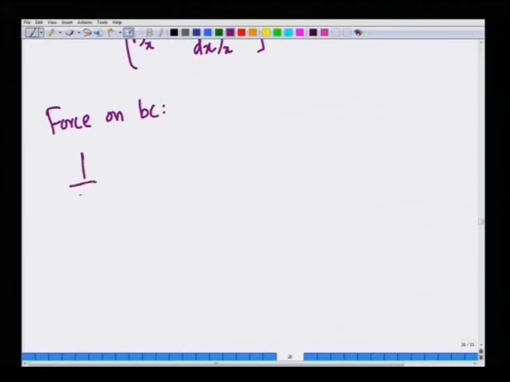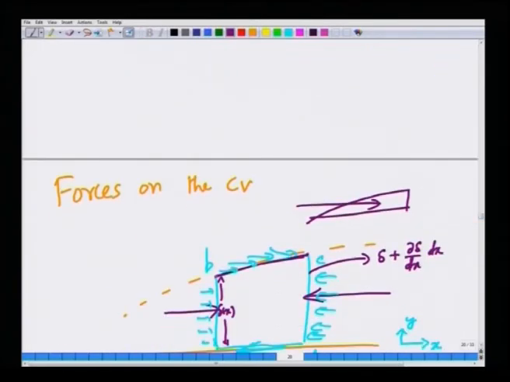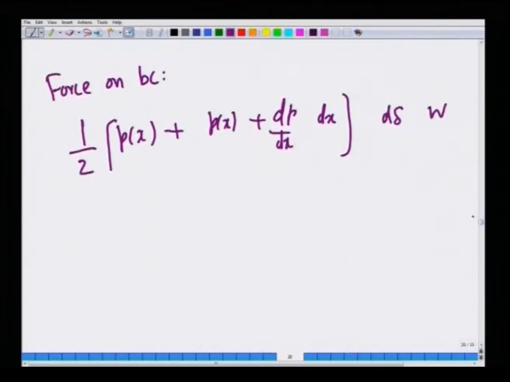So, the average pressure is half of p at x plus p at x plus dp/dx times dx. Now, we multiply it by the projected area, which is d delta times w, because the change in the boundary layer thickness is d delta, multiplied by the width into the paper. That gives us the force acting on the surface BC.